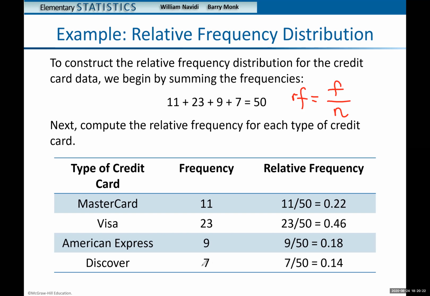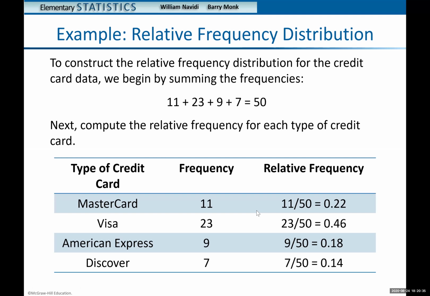So get the total of these frequencies. 11 plus 23 plus 9 plus 7 is equal to 50.